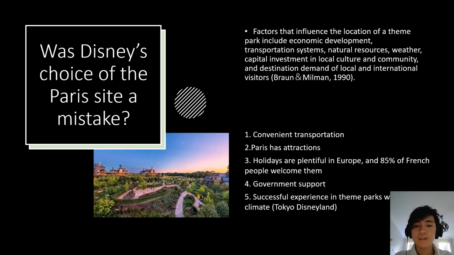Disneyland Paris is currently located where there is a strong local market demand in Europe. Paris is already a major destination of international travelers, and the concentration of Disneyland could add to its appeal. And Disney has the support of the French government and the successful experiences of Tokyo Disneyland.